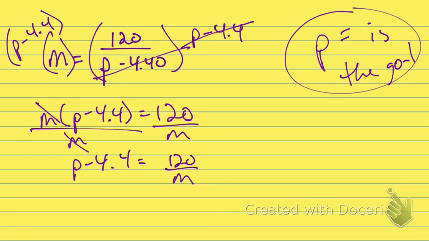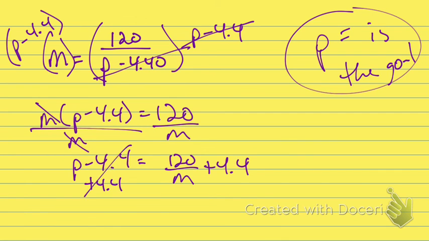In context, what this means is this. The original price minus 4.4, which gives me the new discounted price, is equal to the budget divided by the number of mugs. Okay? One more step. How do I get rid of minus 4.4? Add 4.4.